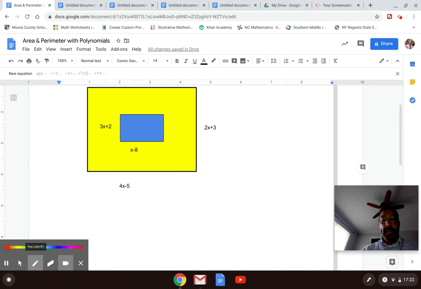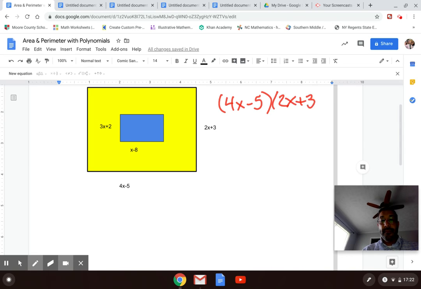So I'm going to do my 4x minus 5 times 2x plus 3. Okay, so 4x times 2x is going to give me 8x squared plus 12x minus 10x minus 15.